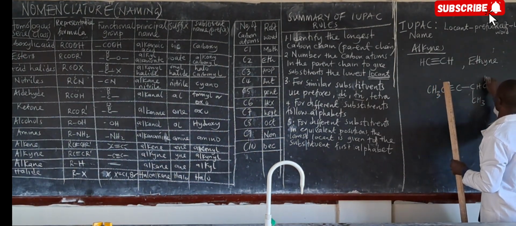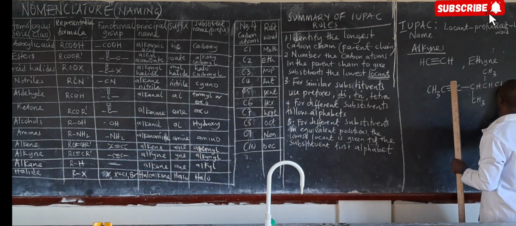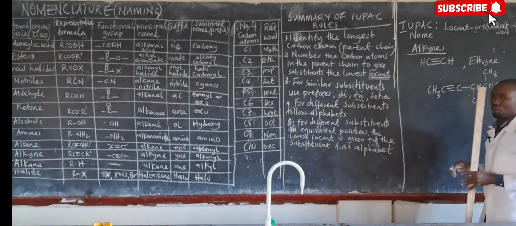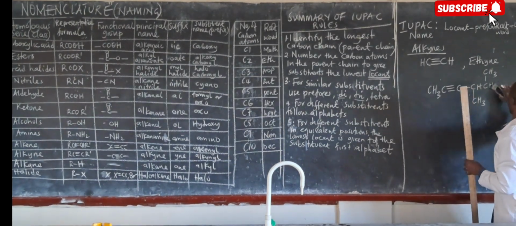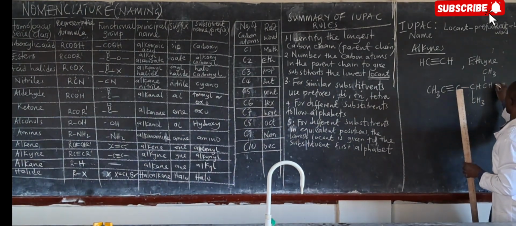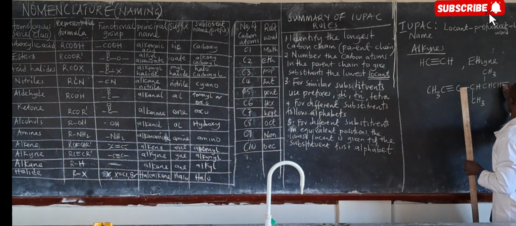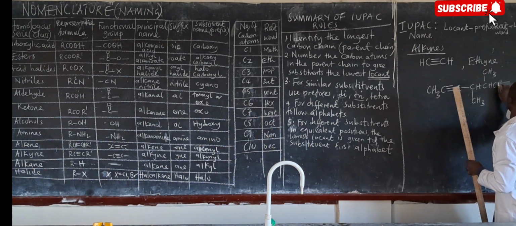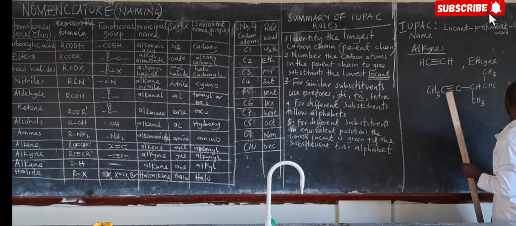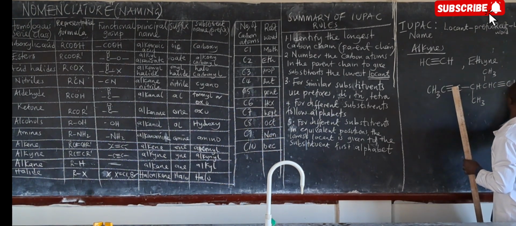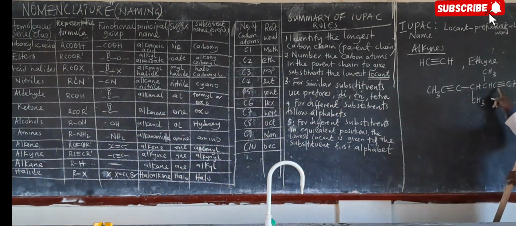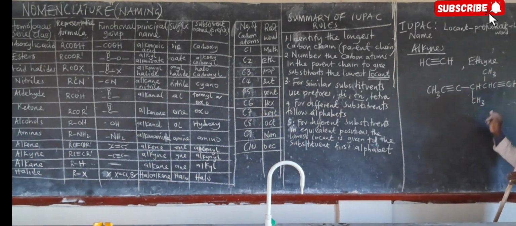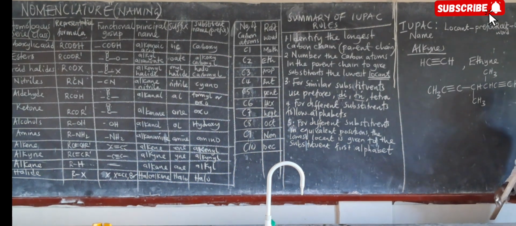We try to check on this chain here. Now, priority must always be given. Let me adjust this chain to have some issues in it so that we can have it. So priority always is given to the unsaturated bond, because the rest of the structure is alkane or having single bonds.